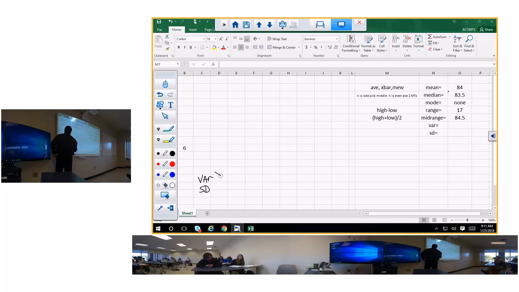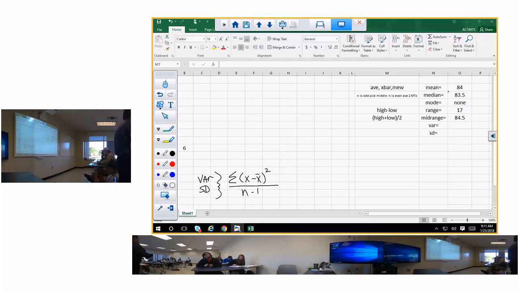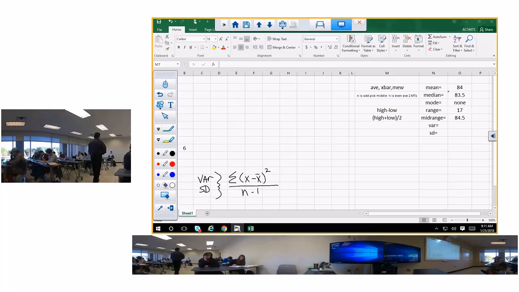But basically, they use the base of this formula. It is summation of x minus x bar raised to the second power divided by n minus 1. So you have to go through and you have to actually take the mean from each of the numbers. You have to square those numbers and then you have to add them up. And that's when you get numerator.